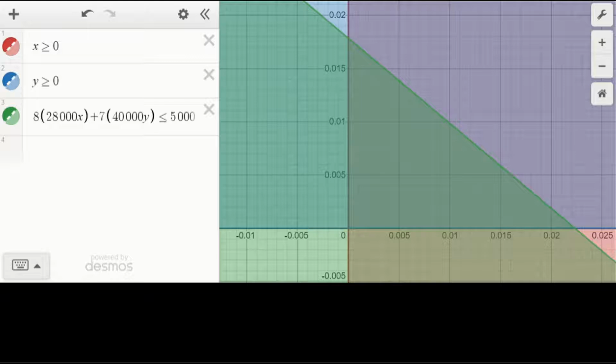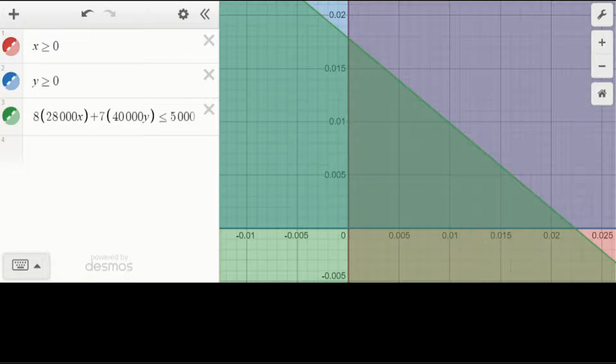And the reason why we're so close to 0, 0 is because we're talking about percents. Remember that 0.01 here is a 1% salary increase for secretaries. This is a 2% salary increase for secretaries. This is a 1.5% salary increase for faculty members.